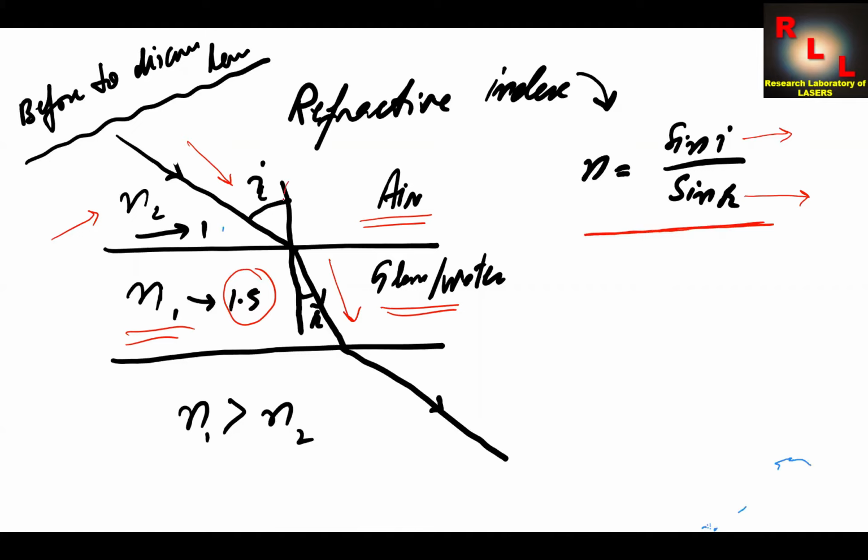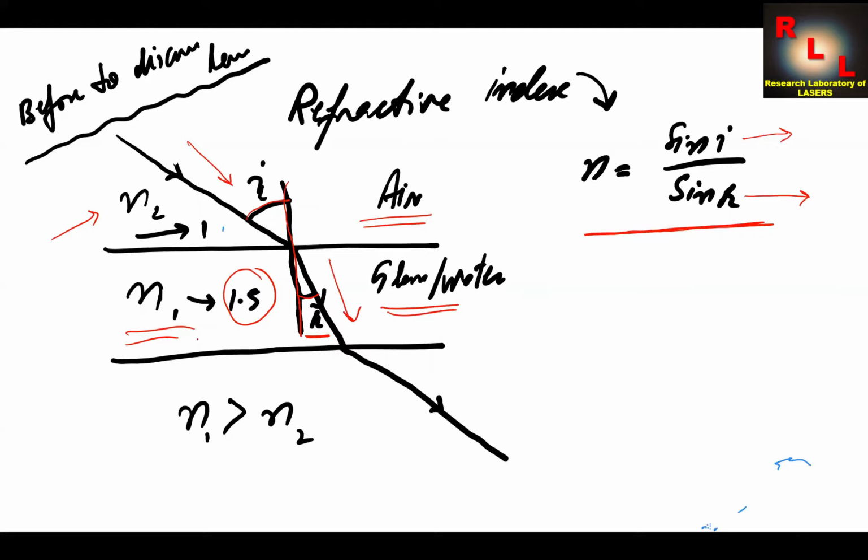If we draw the normal here, you can see I is the incident ray and R is the refracted ray. What is happening when the light is coming from air and entering the glass? It's bending towards the normal.